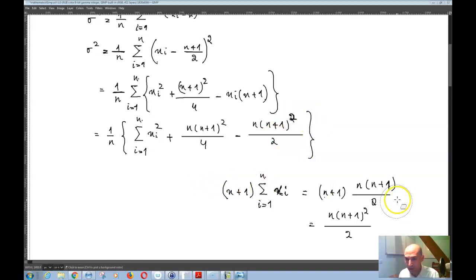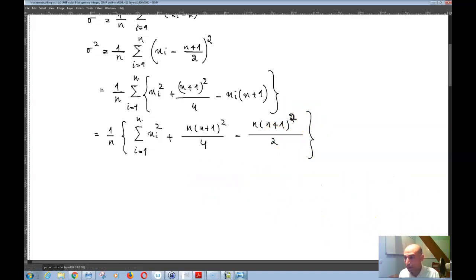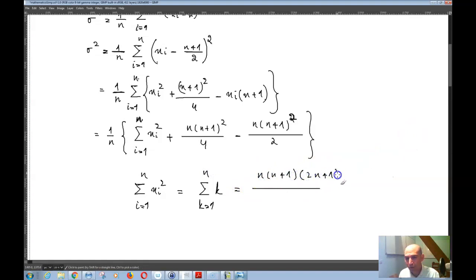And this part I can change as well, meaning that I can write sigma x of i squared as i goes from 1 to n, which is the same thing as sigma k squared as k goes from 1 to n, and we showed that was equal to n times n plus 1 times 2n plus 1 divided by 6.